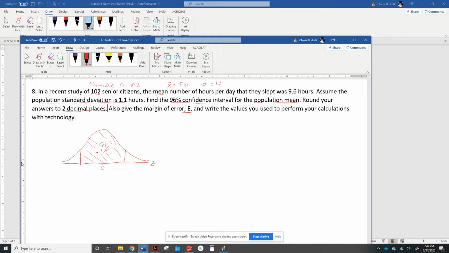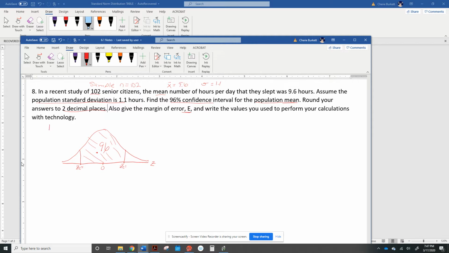So we want to find this because this will be the easiest to do, the area to the left. So we're going to try to find this number right here. This is our critical value. And it'll be the negative one, and then this will be the positive one. Okay, and so that's what we're looking for, right? Well, we'll have to do that to find a margin of error, but let's go ahead and find that.